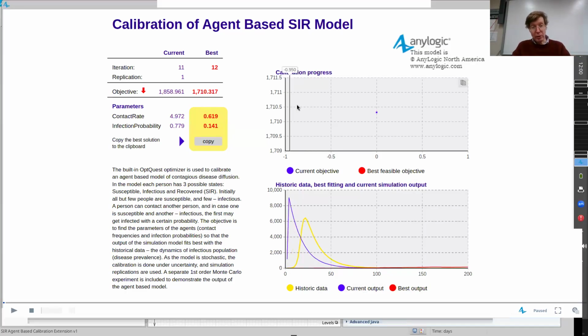Now, it hasn't really completed much here. The first one was a match where the square root of the average square discrepancy was something like 1,710.4 or something like that.